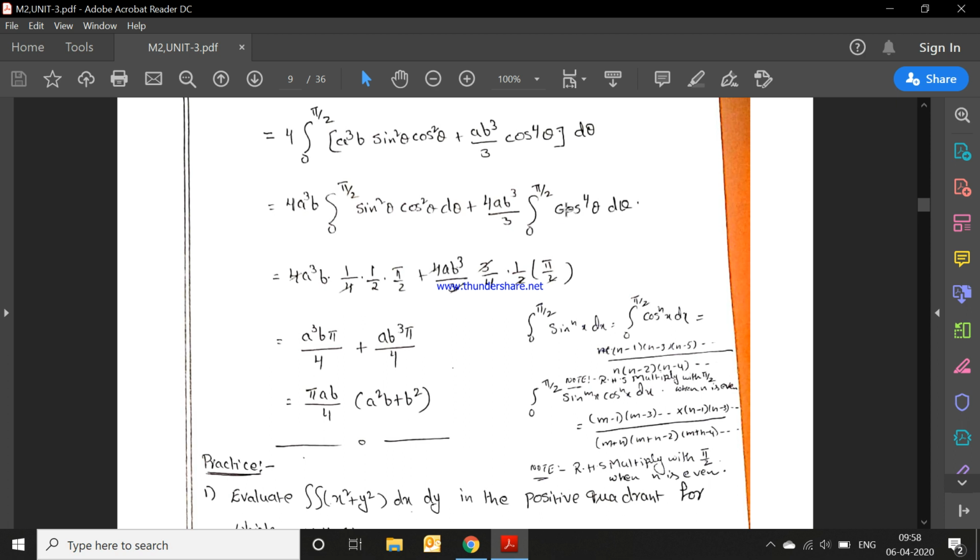Next one is cos power 4, even, so that's why I am applying this formula: 4 minus 1, 3 by 4, and next 4 minus 3, 1 by 4 minus 2, 2, into pi by 2. Then simplifying that, we are getting pi a b by 4 into (a square b plus b square).